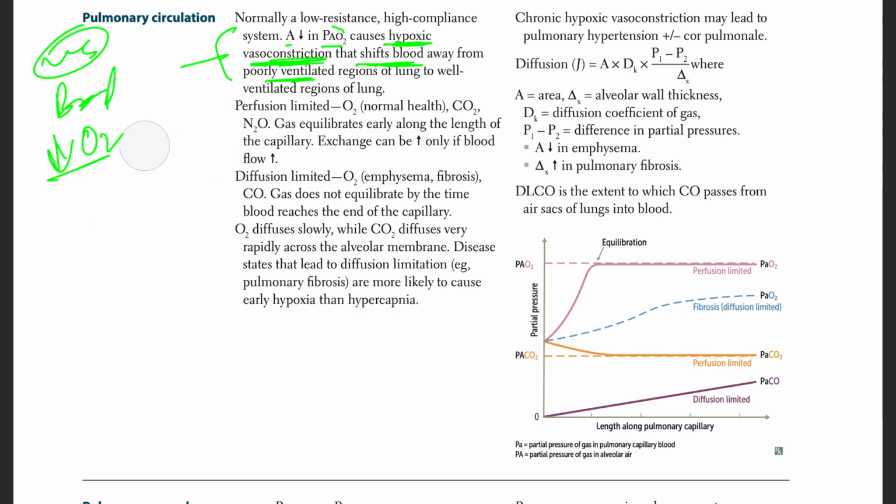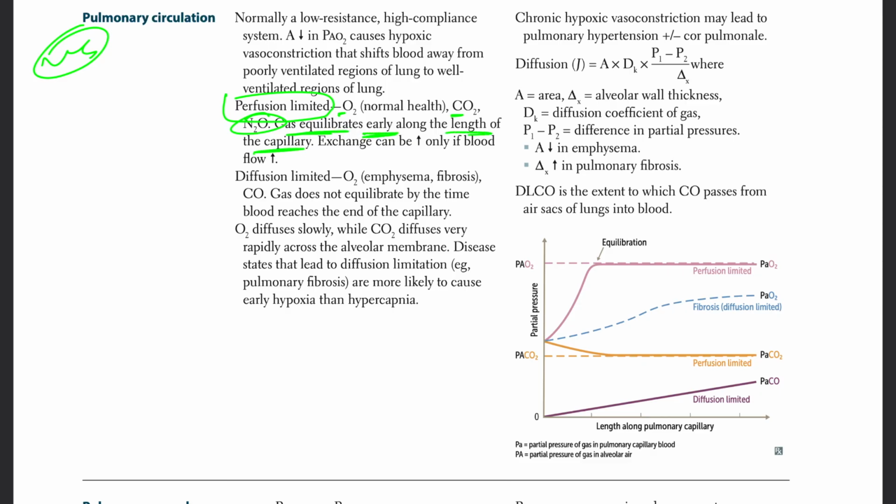Now there are two things. What is perfusion limited? Perfusion limited means that O2 in normal health, CO2, carbon dioxide, and nitrous oxide, N2O, these gases will equilibrate early along the length of the capillary.